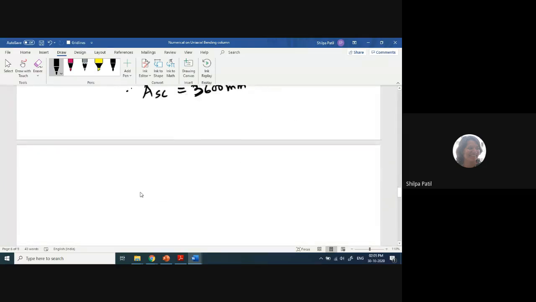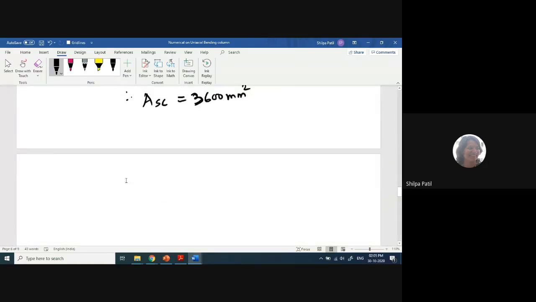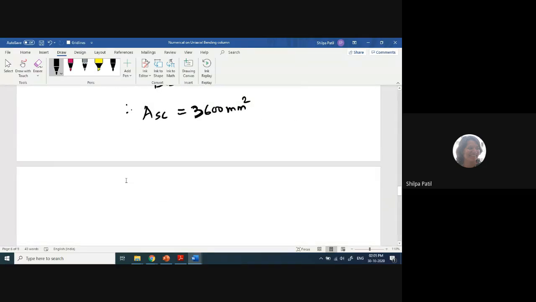Now we have to find out the number of bars. I'm considering uniformly distributed bars. So if I consider my rectangular column here, I have to place one bar at each corner and I'm considering uniform distribution. So I'm providing 6 bars. Now the area is 3600, which is a little bit higher.